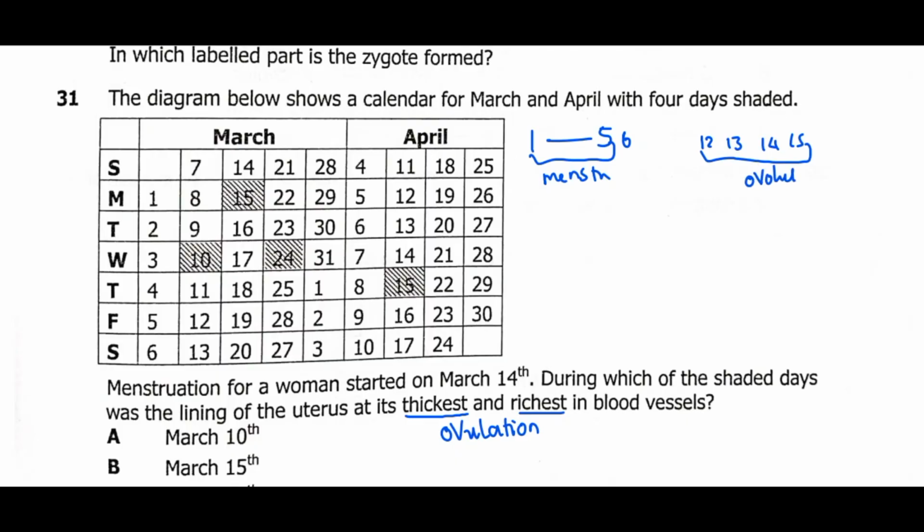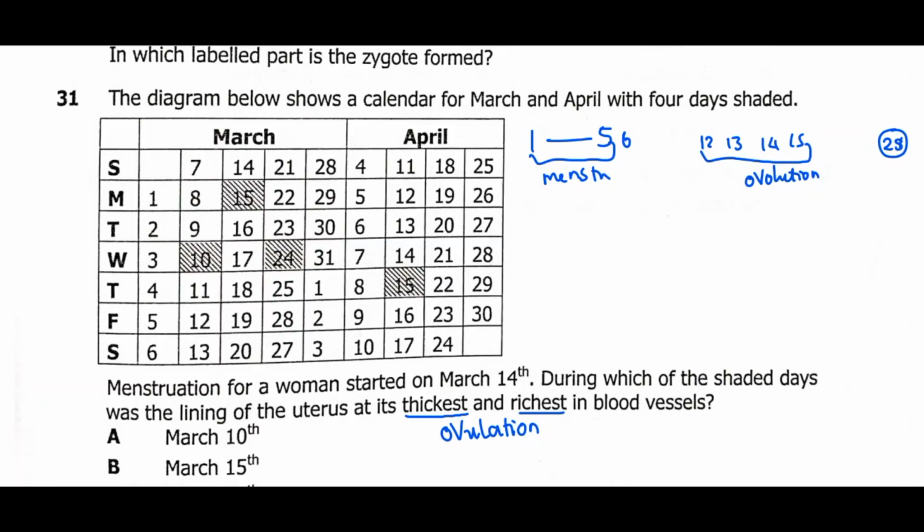Then up to day 28, we have another menstrual cycle. This is just on average. We're not saying this can be applied to any woman. On average, women have at least 28 days in the menstrual cycle. Now let's analyze this.